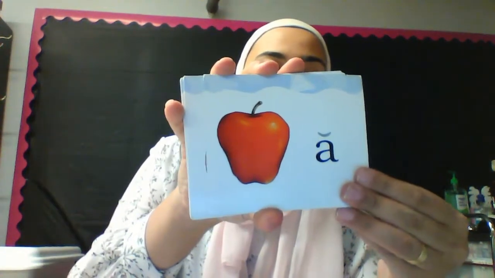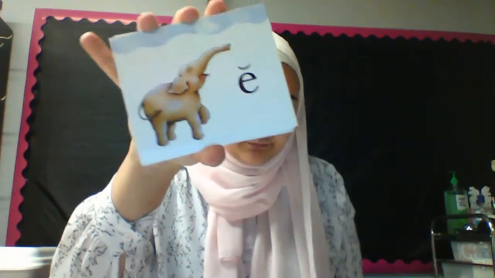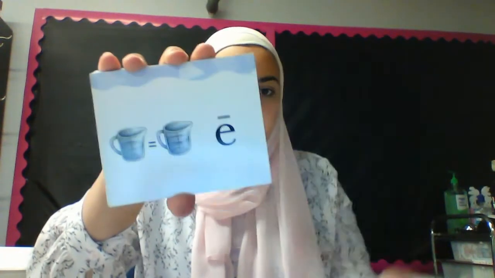Short vowel sounds say the sound of the letter, A. Long vowel sounds say the letter name, A. Apple, A. Acorn, A. Elephant, E. Equal, E. Inch, I. Icicle, I. Octopus, O. Overalls, O.